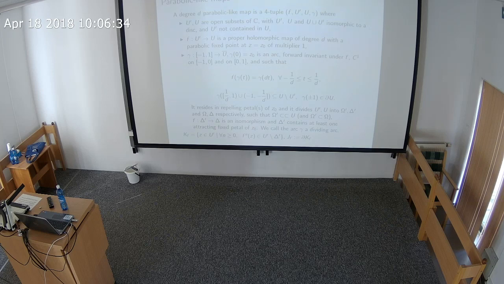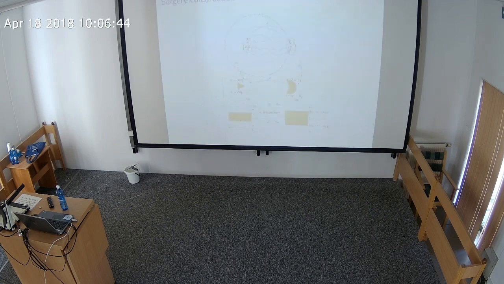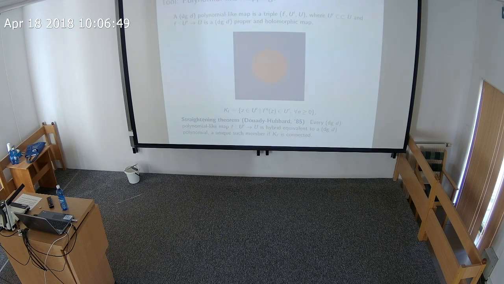A polynomial-like map is this. Okay, a polynomial-like map is an object that behaves like a polynomial on a neighborhood of its filled Julia set.